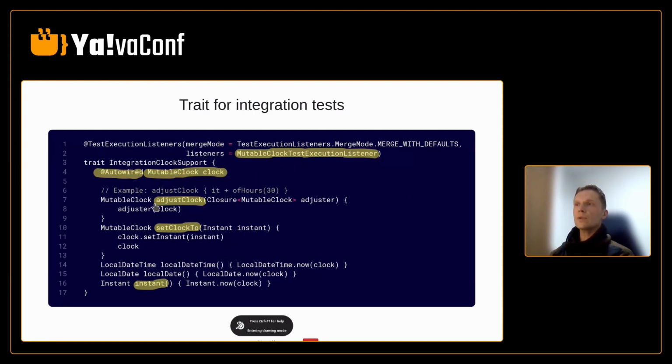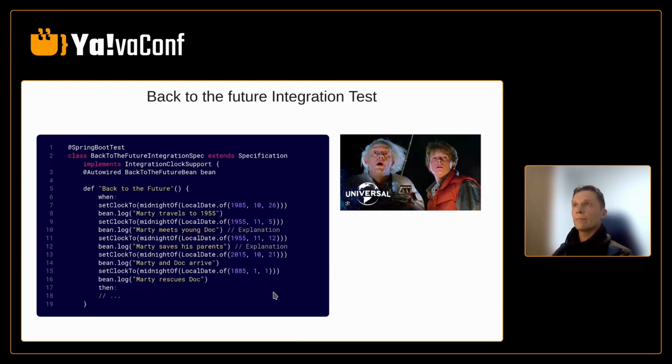Again, we have three methods: adjust clock, 2 days plus, minus 2 days; set clock to, set the clock to 1st of January 2000 or maybe 2099; and instant, if you would like to create one. Now we can do the same. Back to the future integration test.